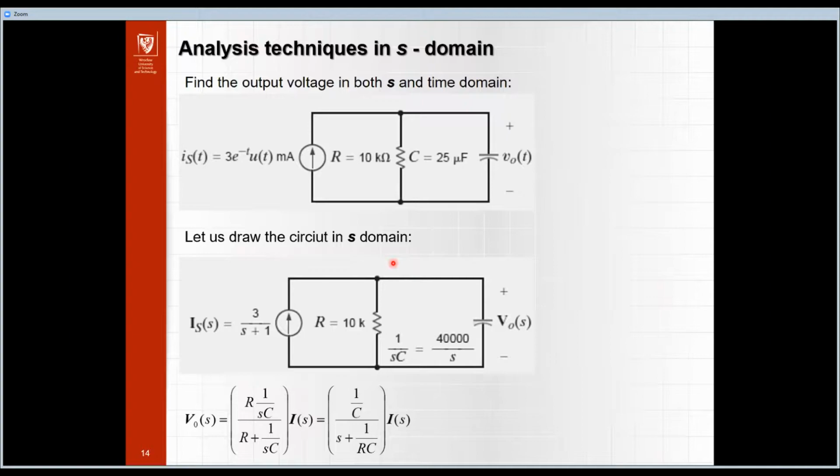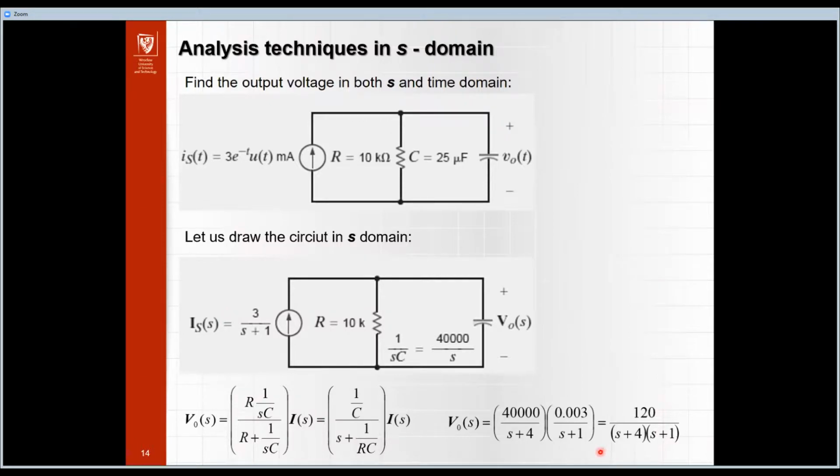As a result, the impedance is the resistance times this reactance, and in the denominator we have the sum of these. It is the same, for example, when we put a second resistor here instead of 1 by CS. So we have the equation for voltage connected with I(s).